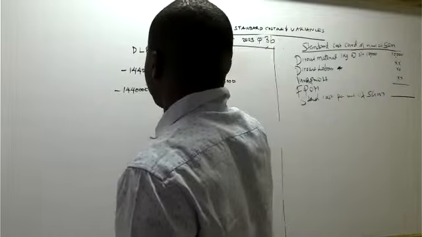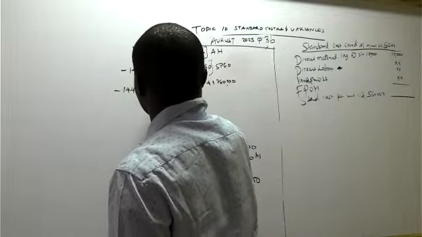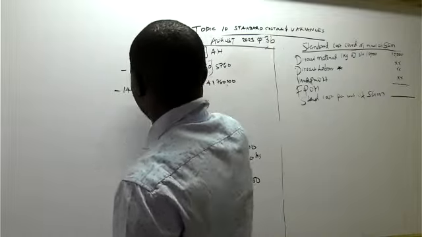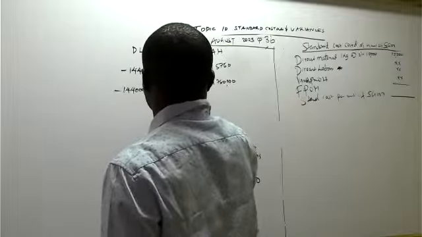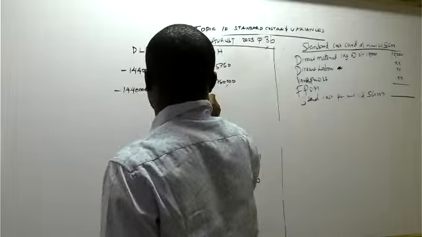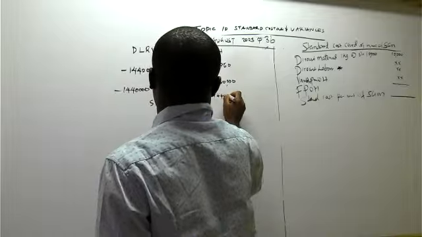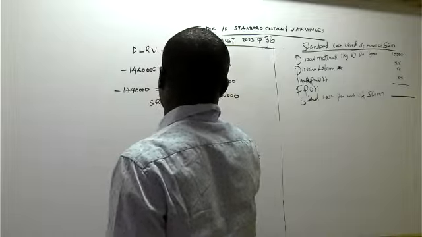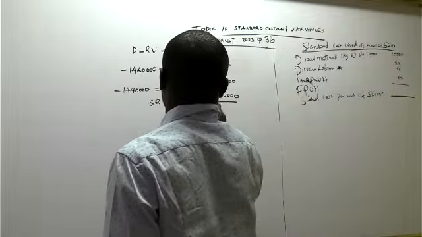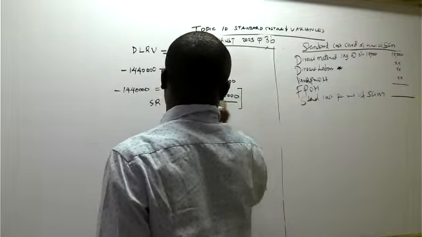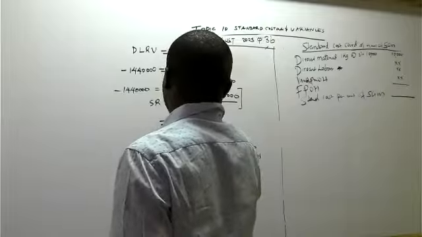How do I get SR? Standard rate. Standard rate is equivalent to bring this the other side. So we have 41,760,000 minus 1440,000. The whole of that we divide by 5760. If that is done, what is the standard rate?